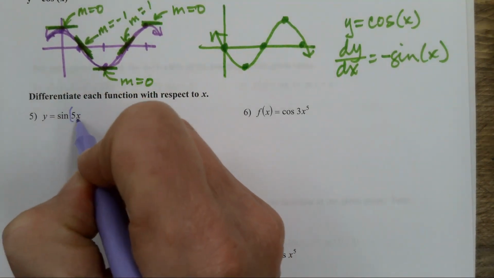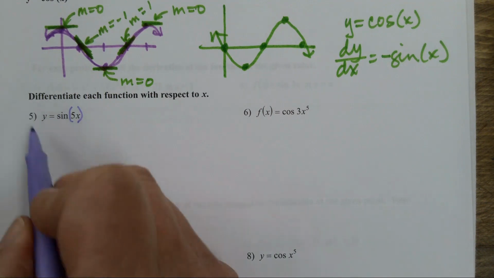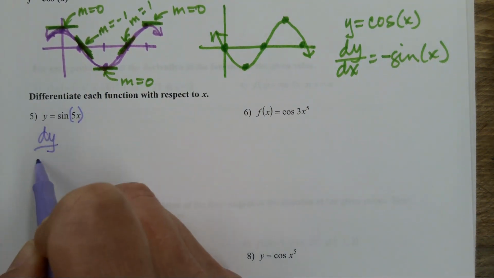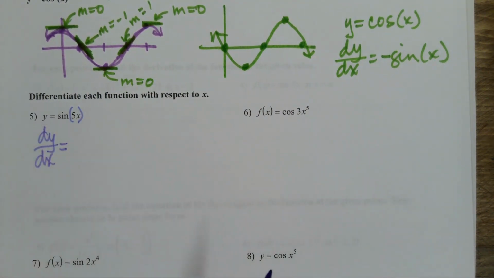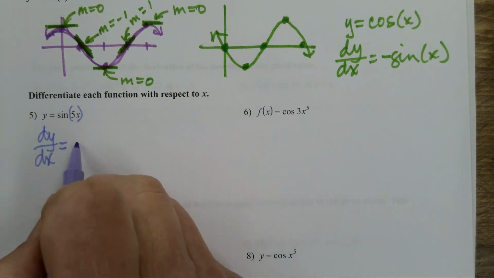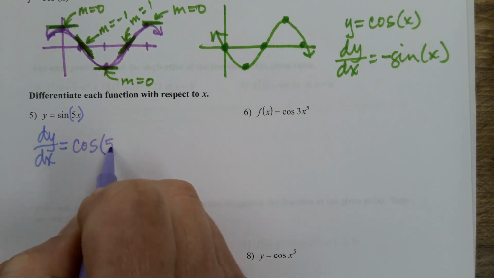So, this is the sine of 5x. I start with my derivative just like before. The outer is the sine, the inner is the angle that I'm taking the sine of. So I start with the outer. What's the derivative of sine? Cosine. I leave the inner as is.